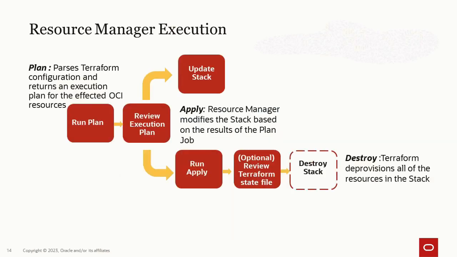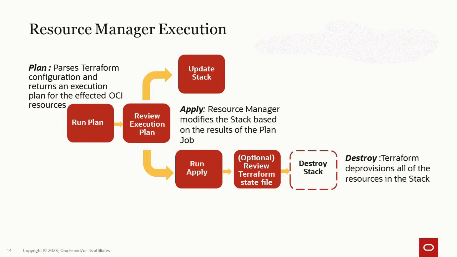And one of the big advantages of that is usually when you have API keys and stuff like that, you have to give those keys to people. So you're putting an API key on someone's local computer. And that's just another resource that is sensitive that you have to manage. Resource Manager is integrated with OCI's IAM, Identity and Access Management. So you can just give the permission out to Resource Manager in accordance with whatever roles you have for your tenancy.